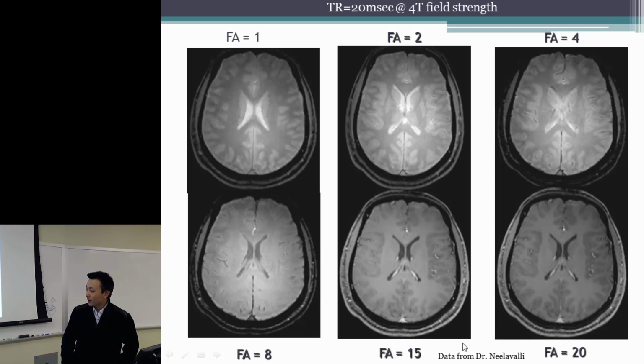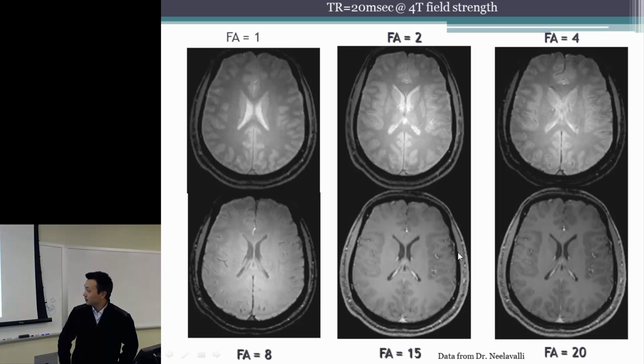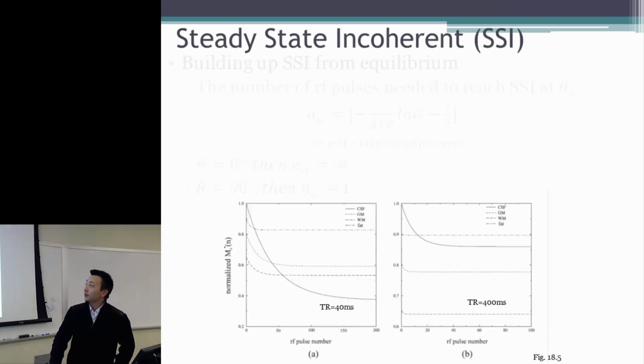And when we go higher and higher, we are getting more and more T1 weighting into the images. For the T1 weighting, we can see that the CSF becomes very dark. Because the gray matter has a longer T1 than white matter, it also has a lower signal, because it's inversely proportional to the T1, right?